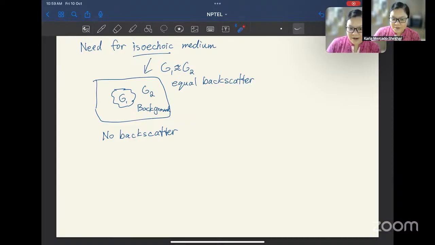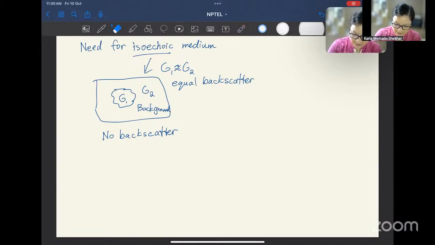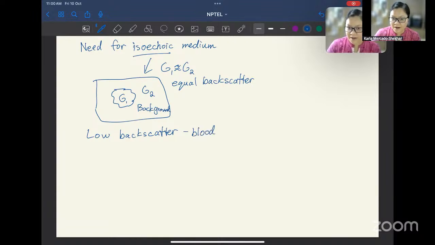All right. Of course, for ultrasound, the medium that has very, very low backscatter is something like blood, because it's mostly fluid.